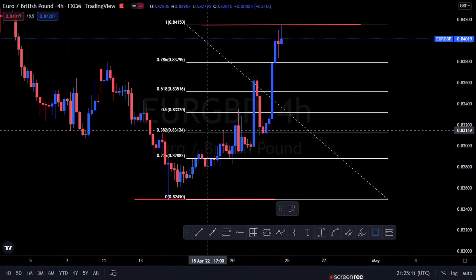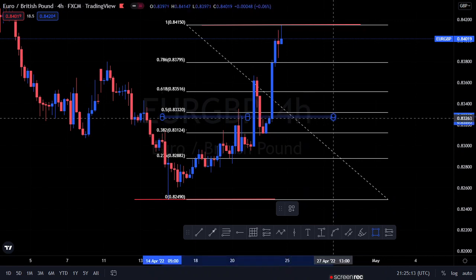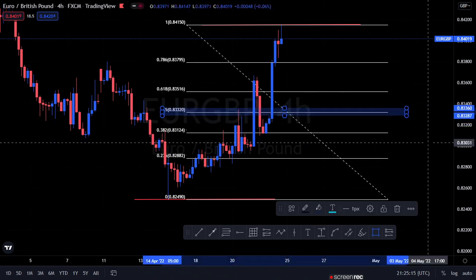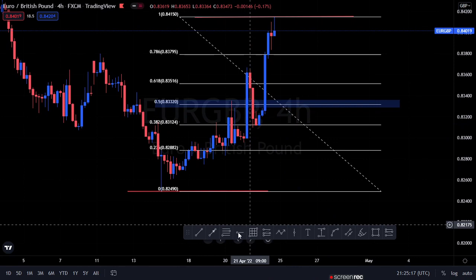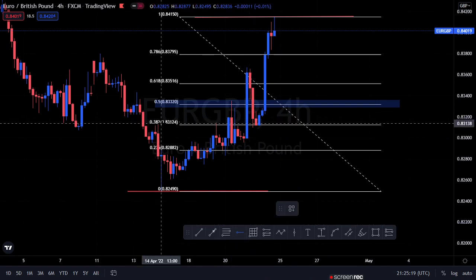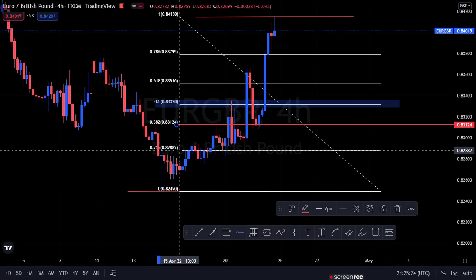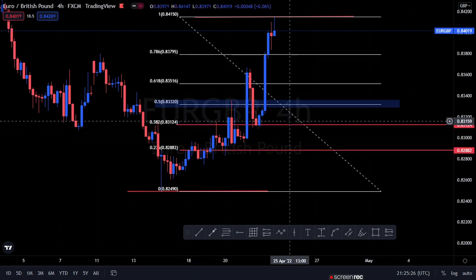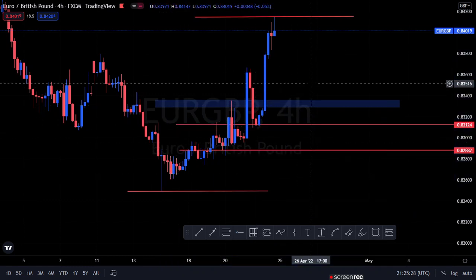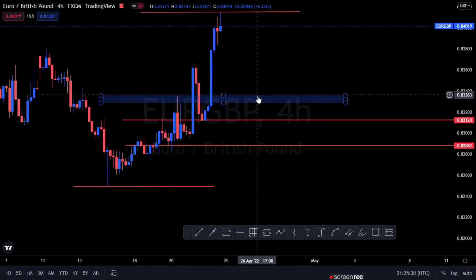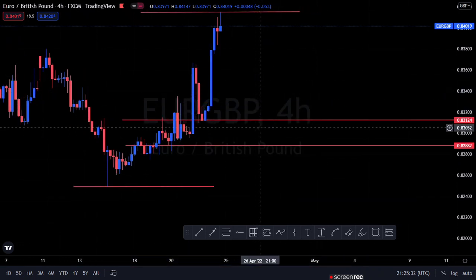I've told you that 0.50 is the midpoint, and we don't do anything at the midpoint. So we wait for this count. Wait for price to come here or here. Good. So this is what you have to do.